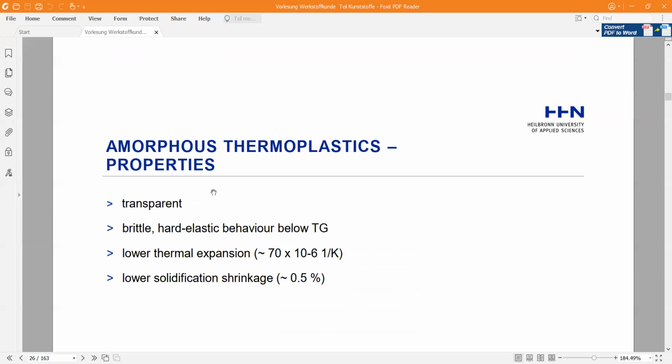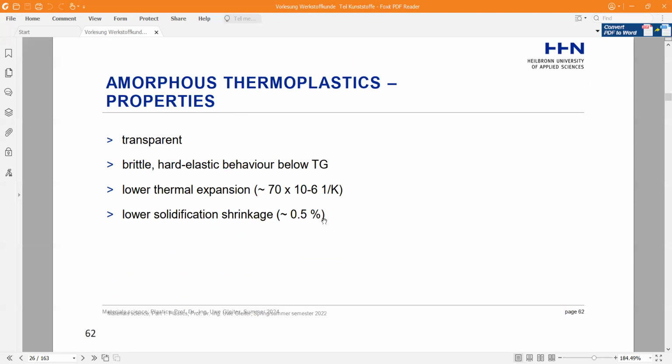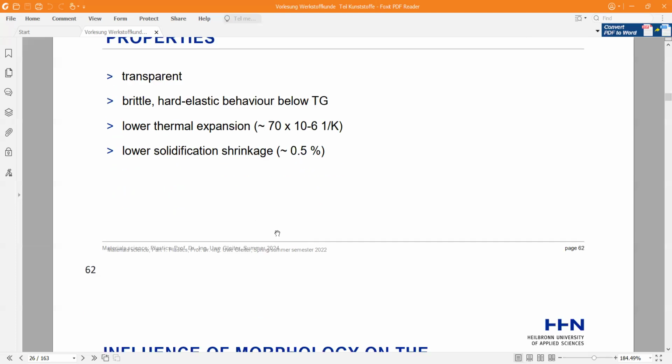Thermoplastics properties: they are transparent, brittle, hard, with elastic behavior below Tg, the glass transition temperature, higher thermal expansion, and lower solidification shrinkage.